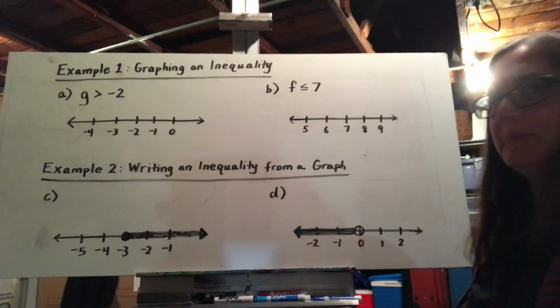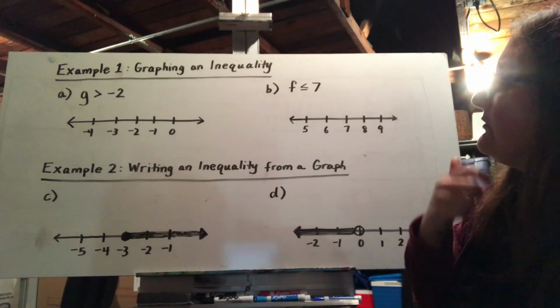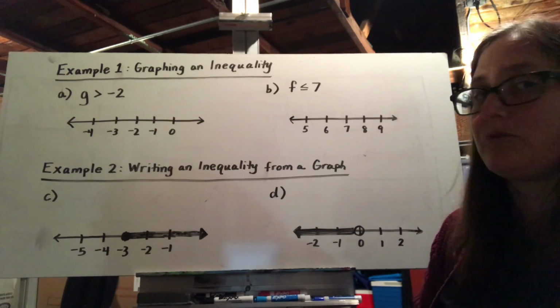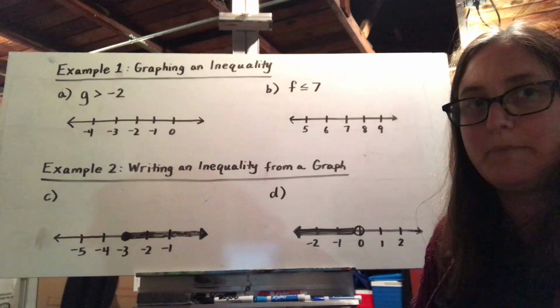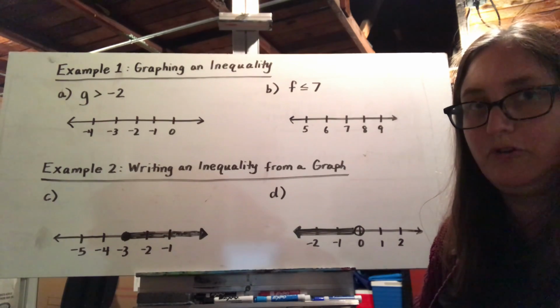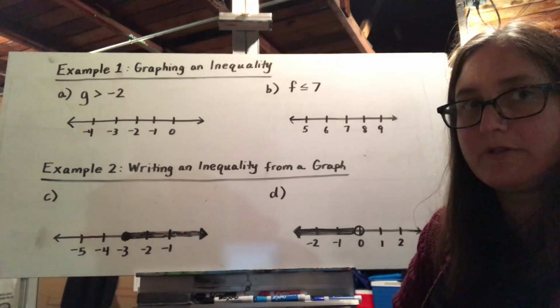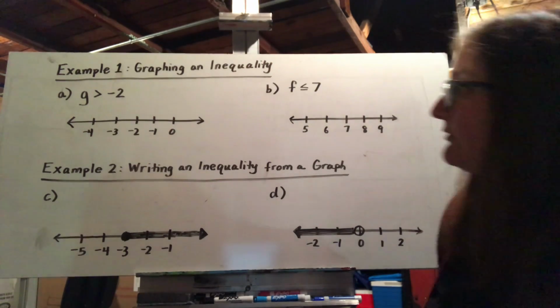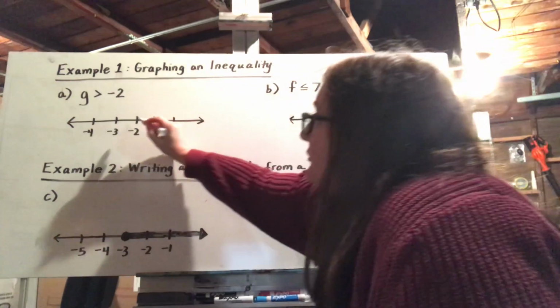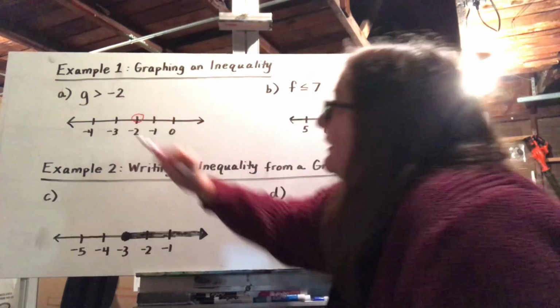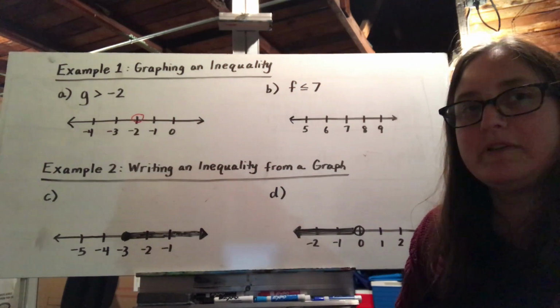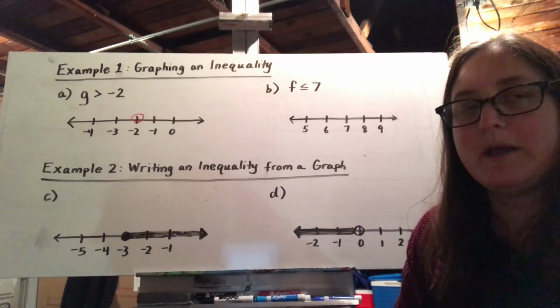So let's look at a couple more examples here. In this first example, we have g is greater than -2. So we're comparing our variable g to -2. Since there is no equal sign there, it just says g is greater than -2, I'm going to use an open circle at -2. I'm not going to close it in because -2 itself cannot be our value for g.